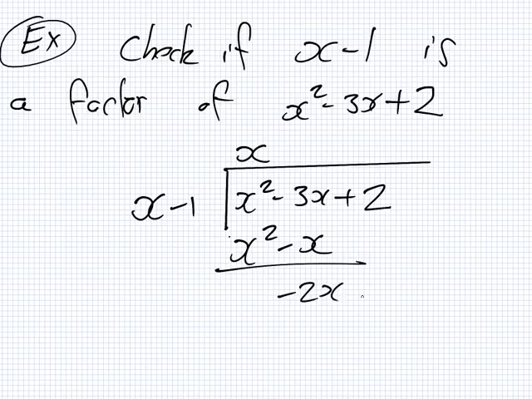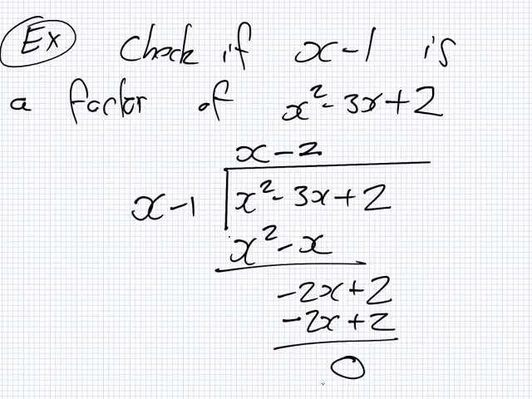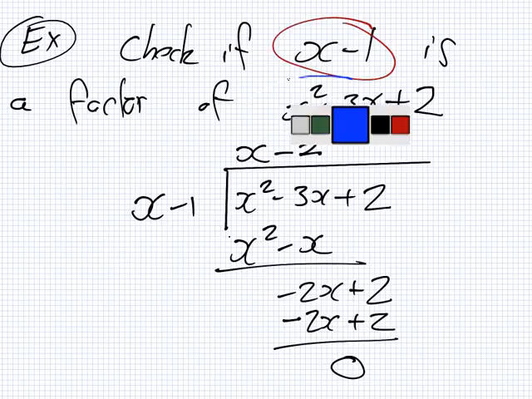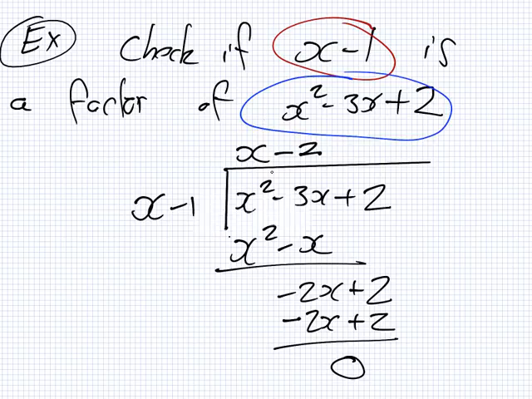Minus 2x and carry plus 2. The last one? Minus 2. So we get minus 2x plus 2, and the remainder is 0. So therefore, this is a factor of this. It can divide in, yeah?